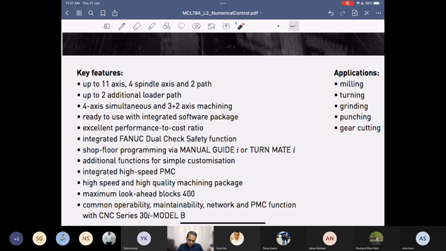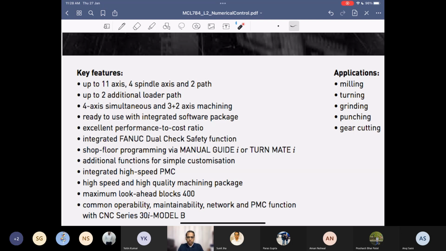And then you can see this important part, which we will discuss: the 4 axis simultaneous and 3+2 axis machining. Because when we talk about multiple axes being controlled, or performing some coordinated motion at the same time, that decides the complexity of the controller.